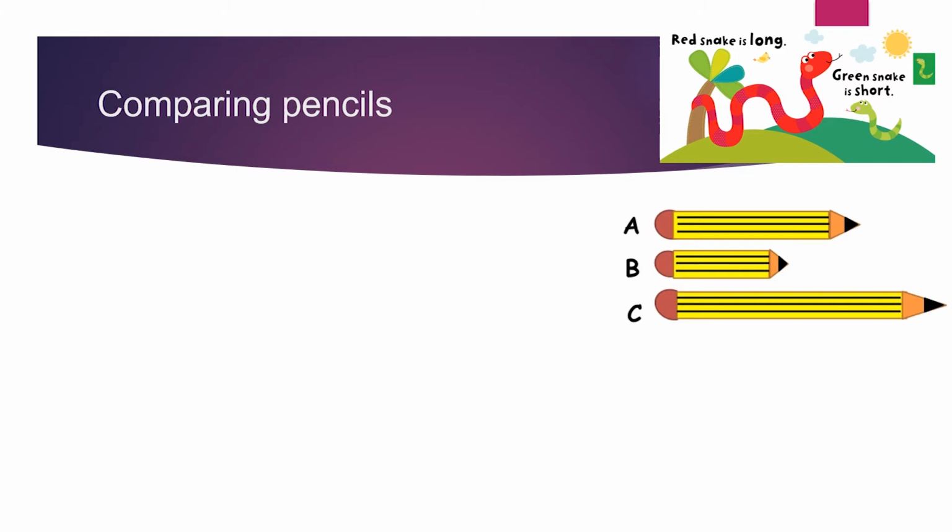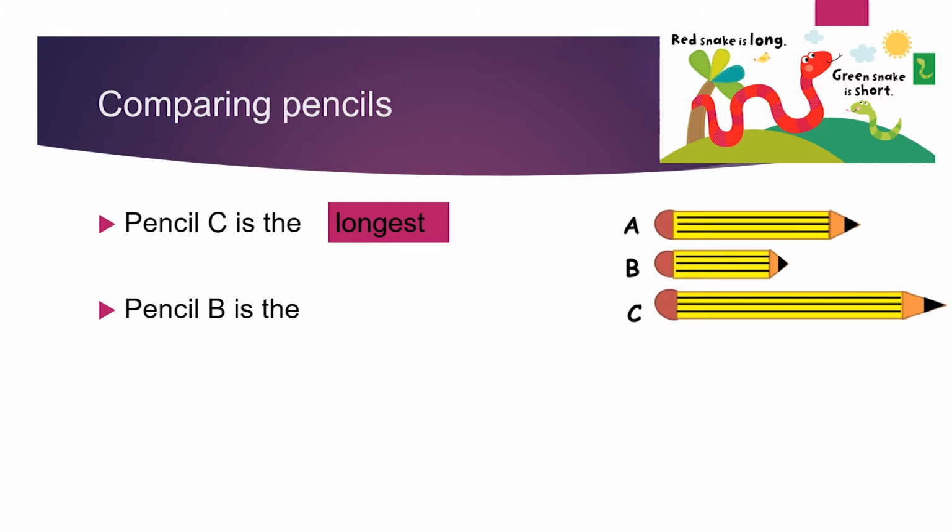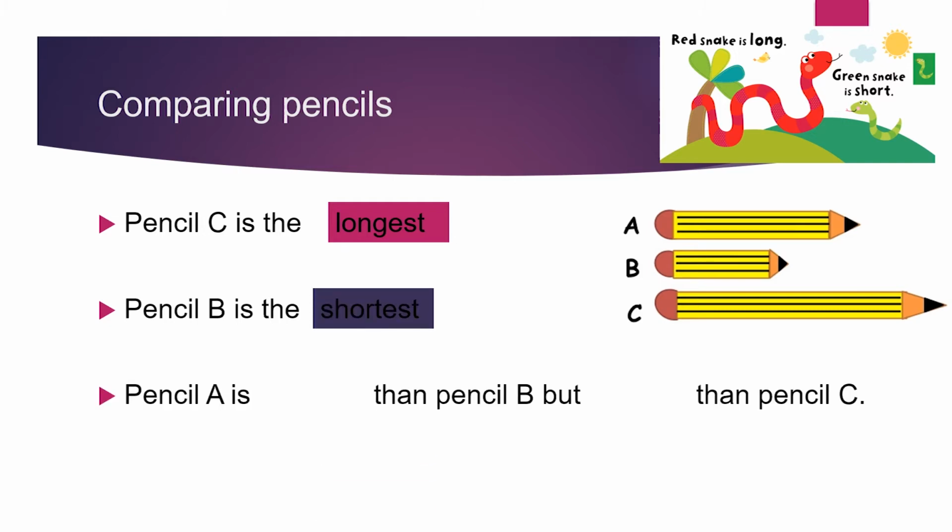Let's now try to compare the lengths of these three pencils. Pencil C is the longest. Pencil B is the shortest. Pencil A is longer than pencil B, but shorter than pencil C. Great job, boys and girls.